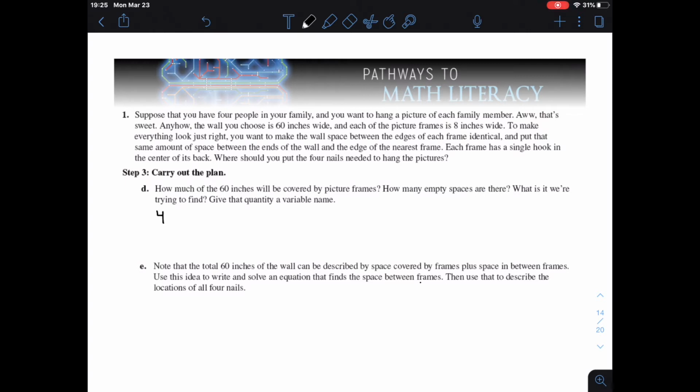In total, you have 4 frames that are 8 inches each, so 32 inches is covered by the picture frames. There are 5 empty spaces because you have to put one on each side at the end. We don't know what they are, so we're giving it that variable quantity. We're going to let X equal the width of each space.